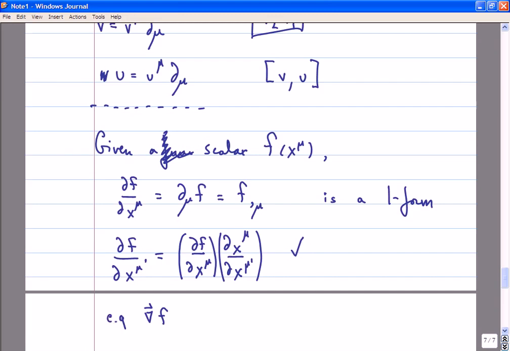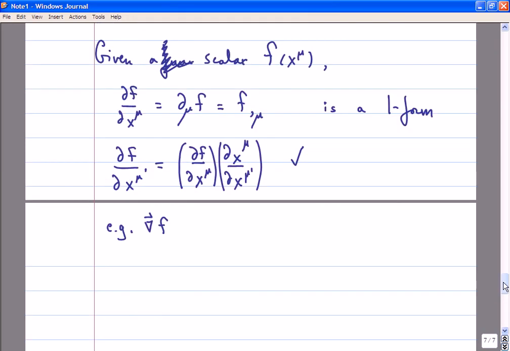Now, it was very convenient for us to think of vectors in a geometric way, and in a way which is independent of a given coordinate system. And so similarly, we will sometimes write one forms in a coordinate independent way.